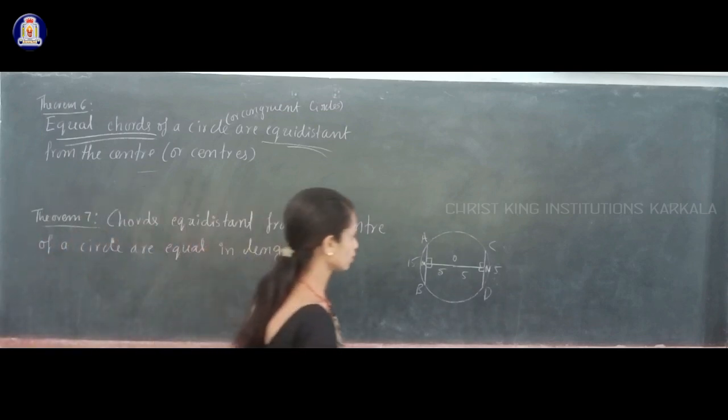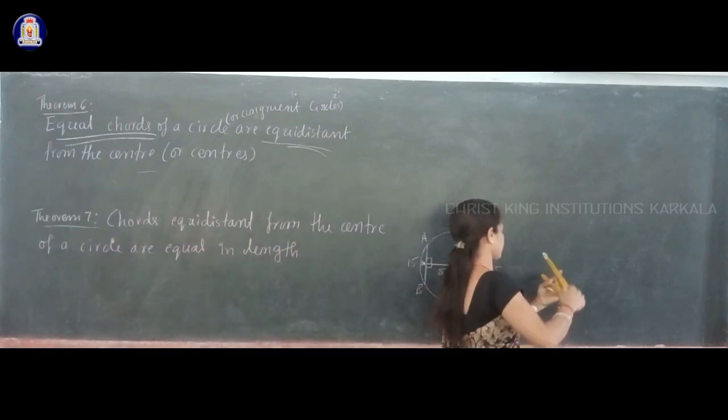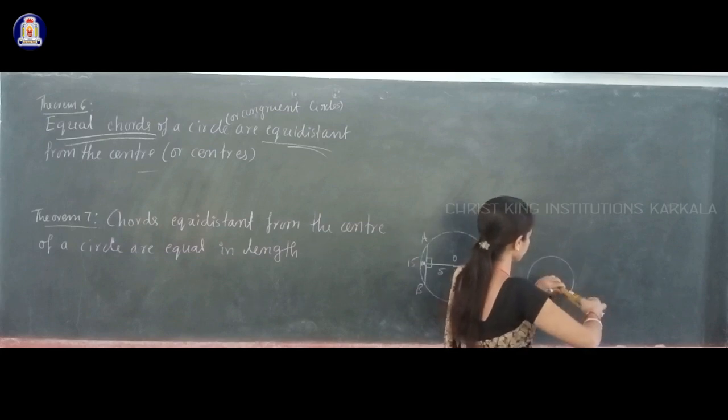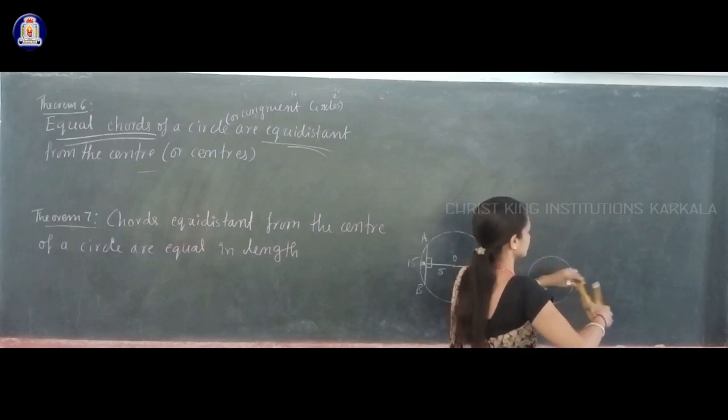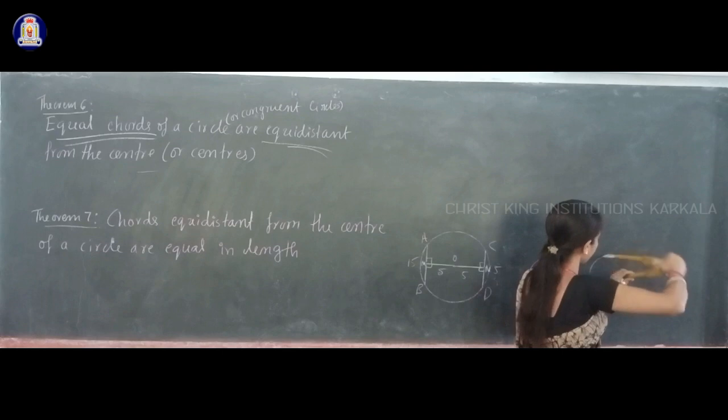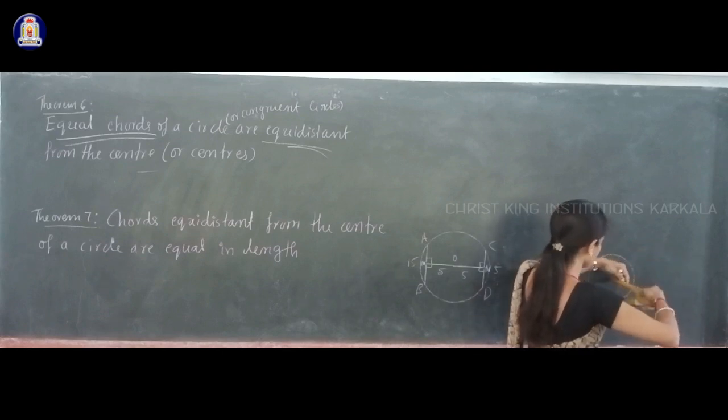And if you take two congruent circles like this, congruent circles means circles with the same radii, or circles of the same size.